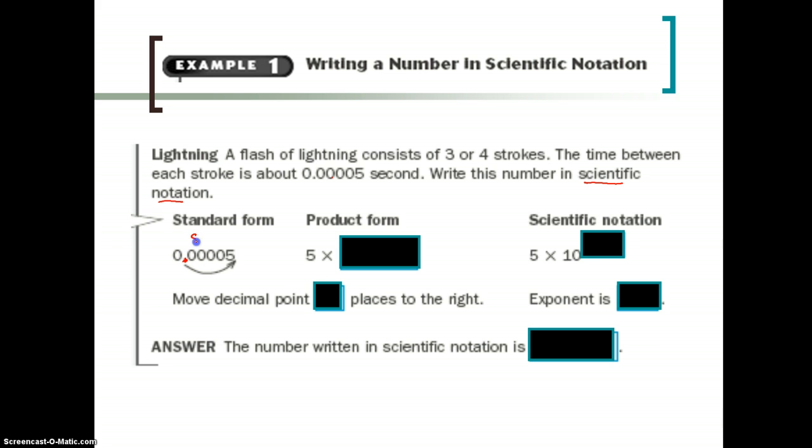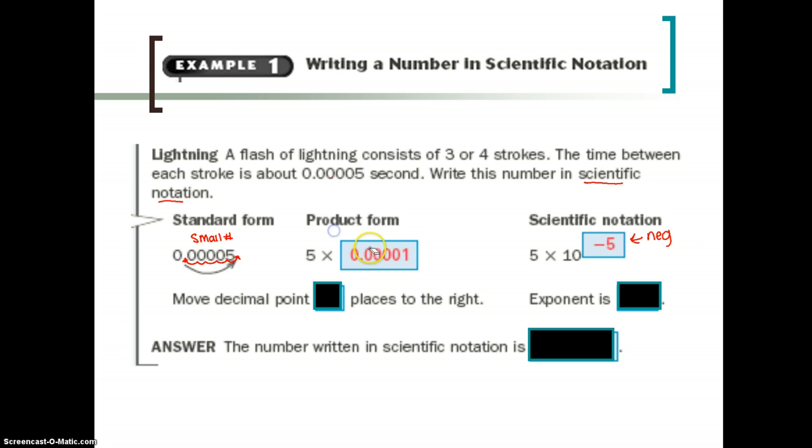First of all, see how it's such a small number? That means this exponent is going to be negative. We are going to move the decimal to the right: 1, 2, 3, 4, 5. I actually just like to skip the product form. I think it's just one extra step. I write down 5 times 10 to the negative 5th power.